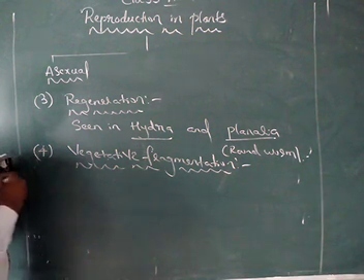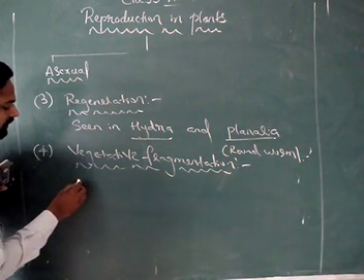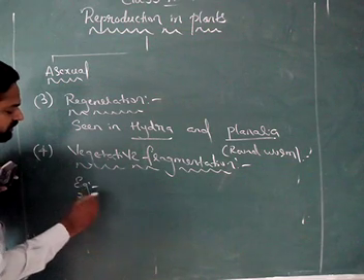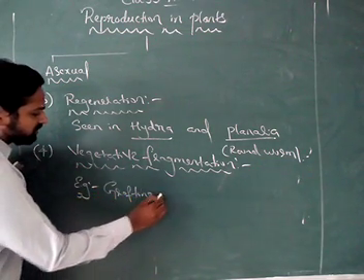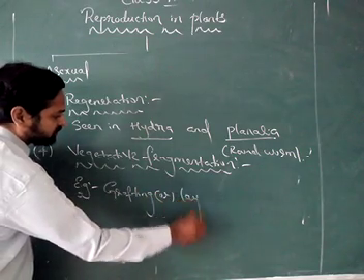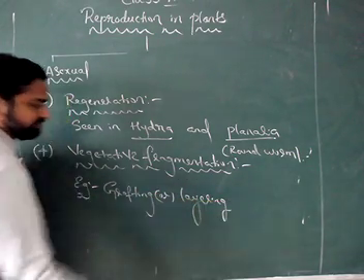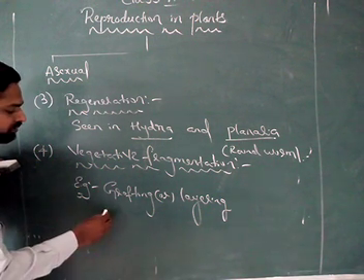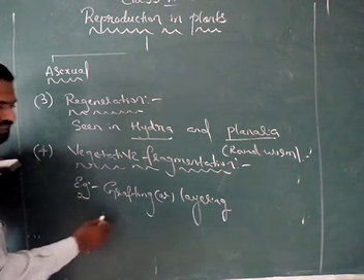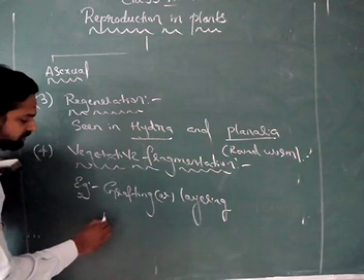The examples for vegetative propagation are grafting or layering, where we are producing the new plant.